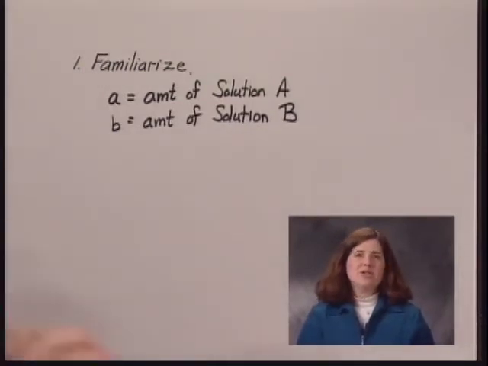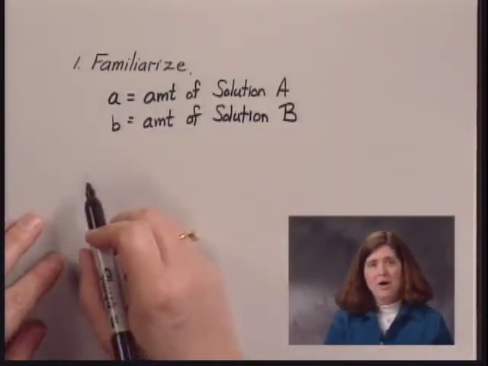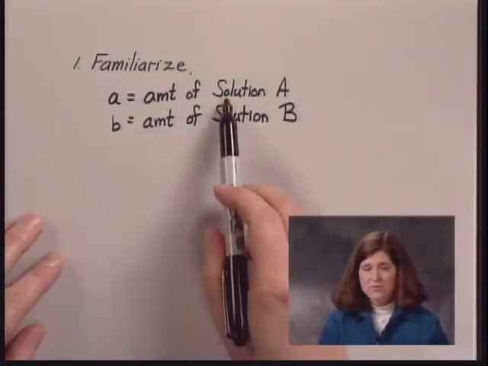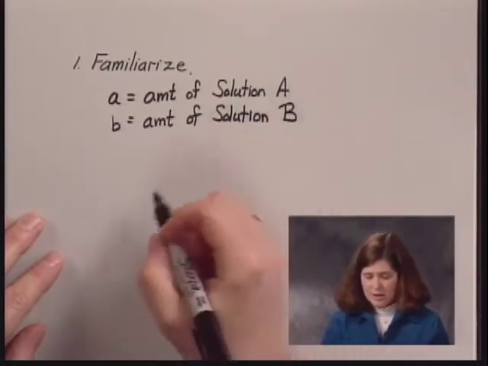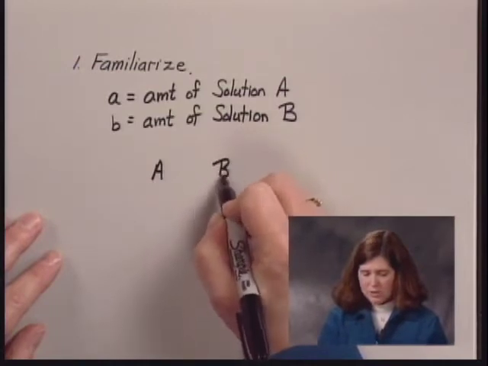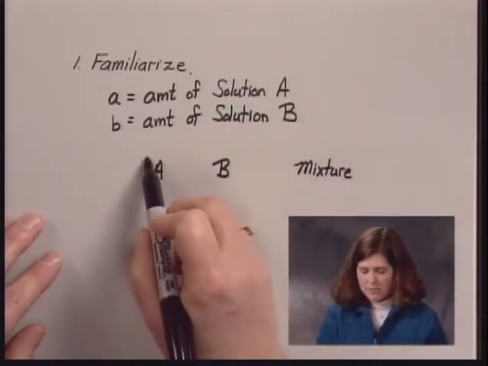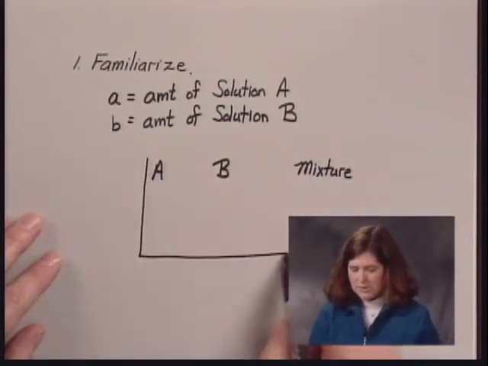Now, when we do a mixture problem like this, it's a very good idea to use a table. In the table, we can make each column stand for the different kinds of solution we're looking at: solution A, solution B, and the mixture.